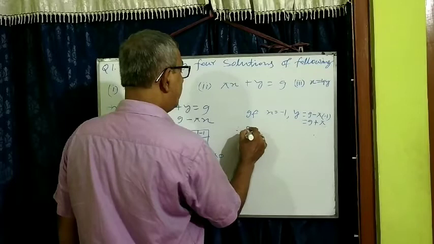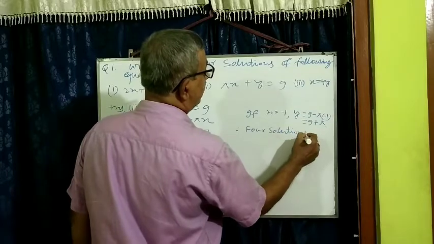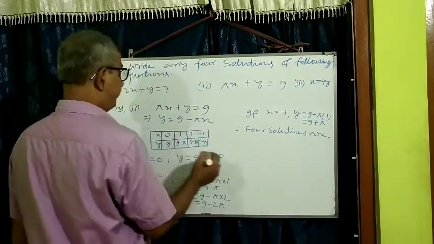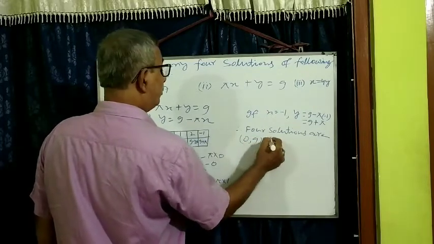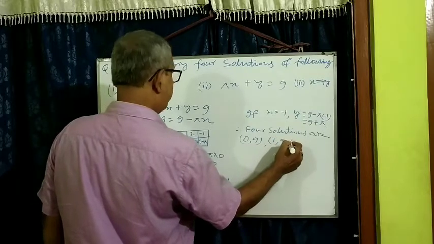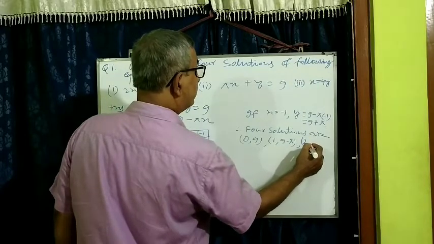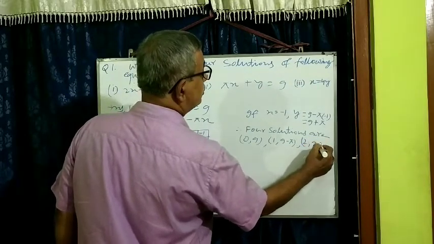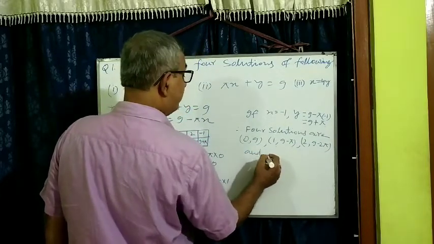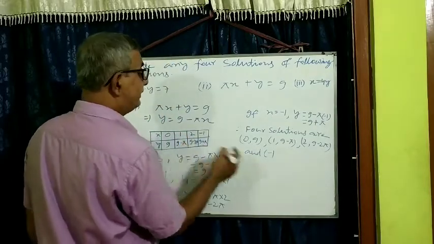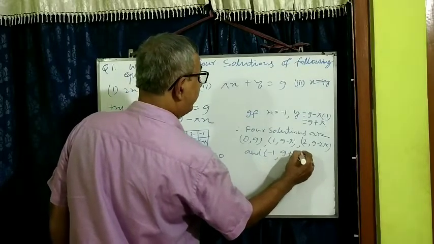Therefore, the 4 solutions are (0, 9), (1, 9 minus pi), (2, 9 minus 2 pi), and (minus 1, 9 plus pi).